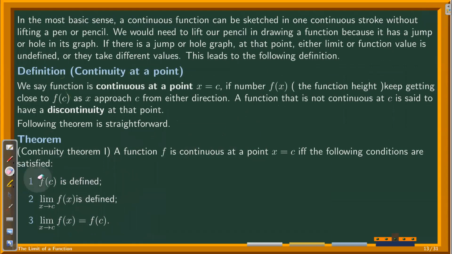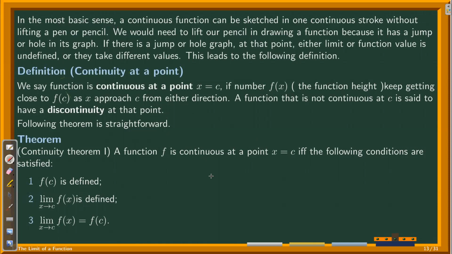If a function is continuous at c, f(c) has to be defined, and the two-sided limit has to exist. Continuous means there is no sudden jump in the graph, and no holes.